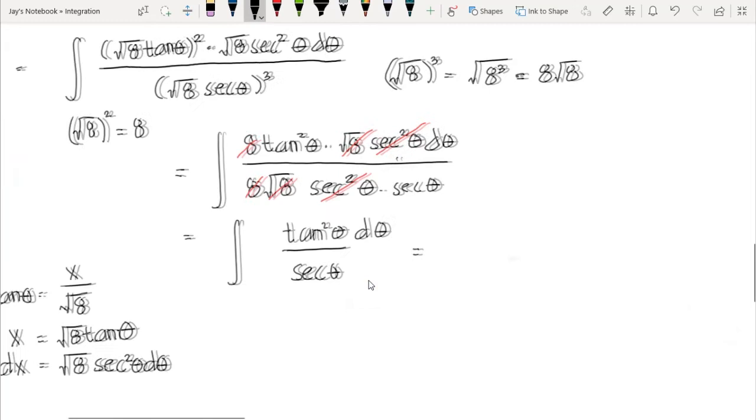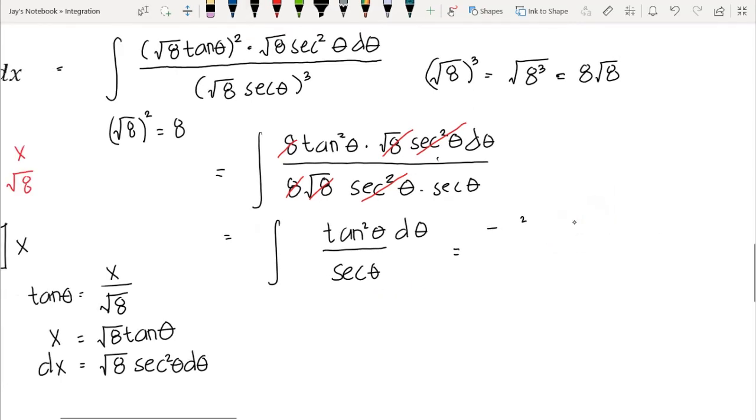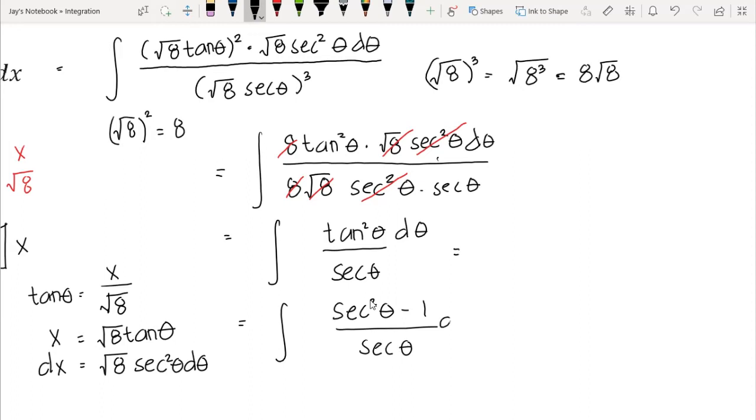Now we know that tangent squared theta is equal to secant squared theta minus 1. So we can say that the integration of tangent squared theta over secant theta is the integration of secant squared theta minus 1 over secant theta d theta.